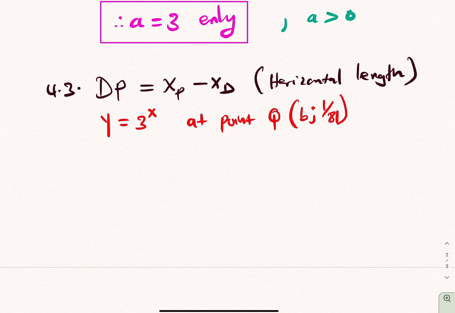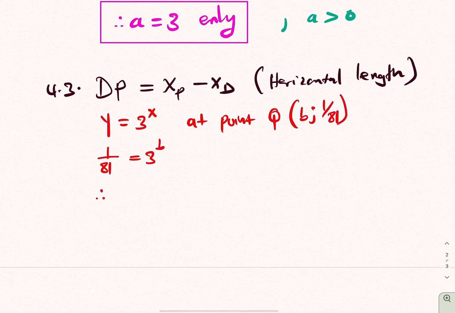So I'm going to plug this point in and get my y value. And that is going to be y, 1 over 81 is equal to 3 to the power B. And then I can write that, if you know your exponents very well, as 3 to the power negative 4. It's really easy.